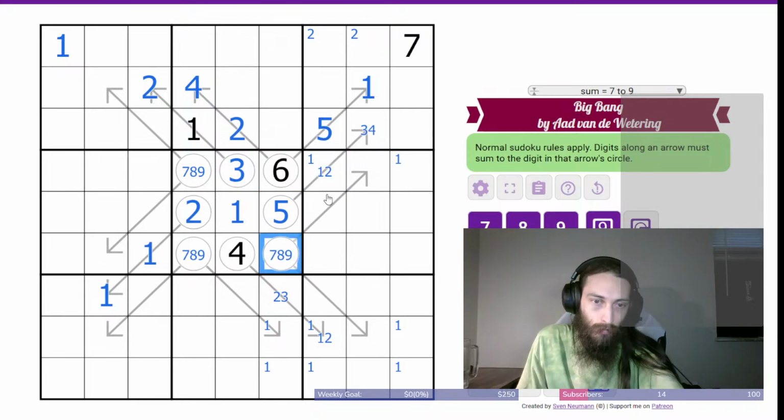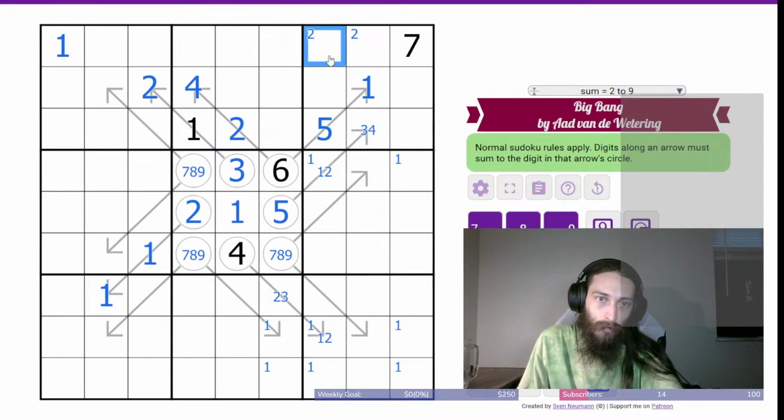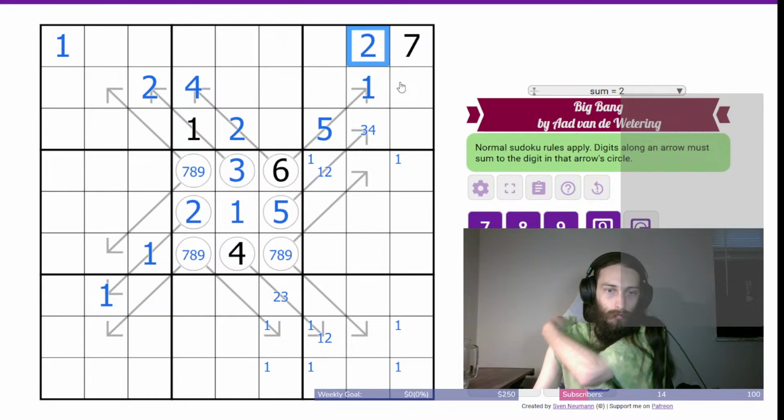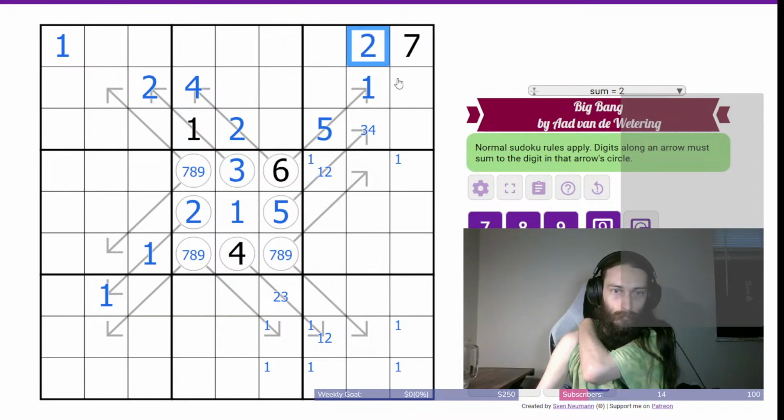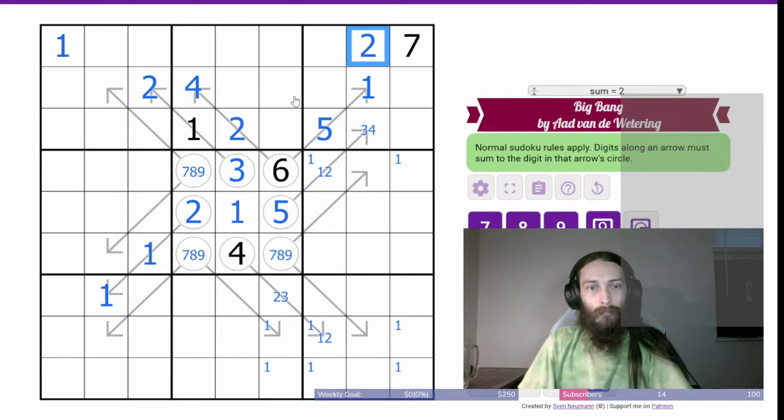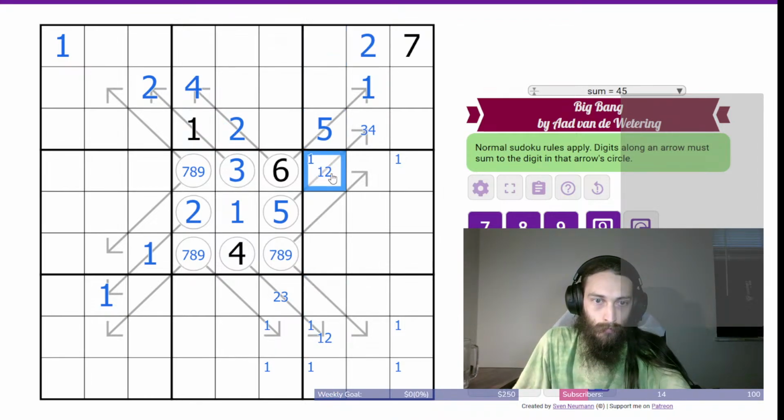And now this 1, 2 pairs together to take that 2 out and force a 2 there. Well, and column 7 now has a 1, 2 pair, which takes out the 1 at the bottom of it.